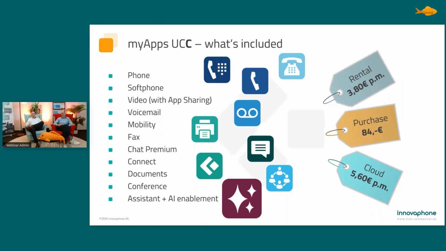If you look at the pricing, it's almost ridiculous to see that you get all of this stuff for €3.80 in a rental environment, or €5.60 per month in a cloud environment, or as a one-time investment purchase of €84. So I think with this pricing, we're not only super competitive, but it's also unbelievable what's all in there and what you can do with such a low price.